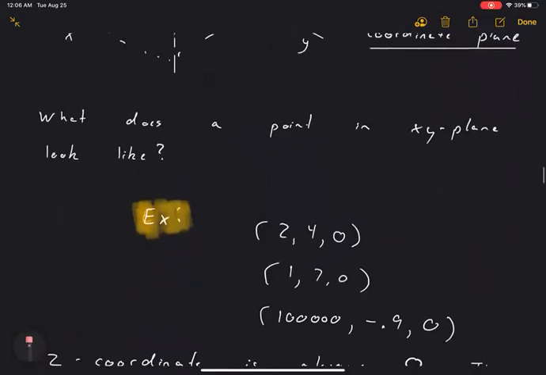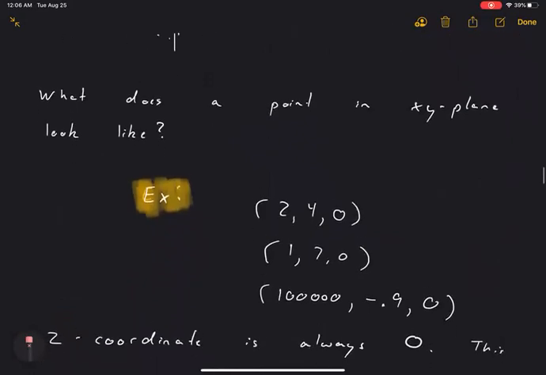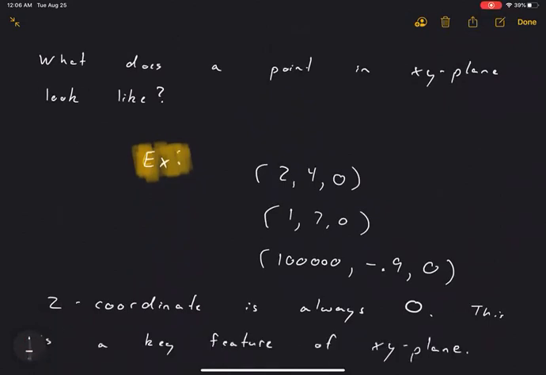Let's pick a bunch of points in the XY plane: (2, 4, 0), (1, 7, 0), (100000, -0.9, 0). The common feature is that the Z coordinate is 0 in all of them, and that's really the key feature of points in the XY plane.